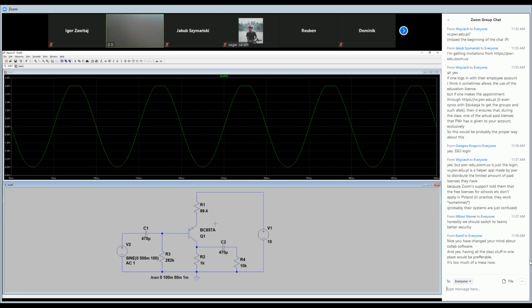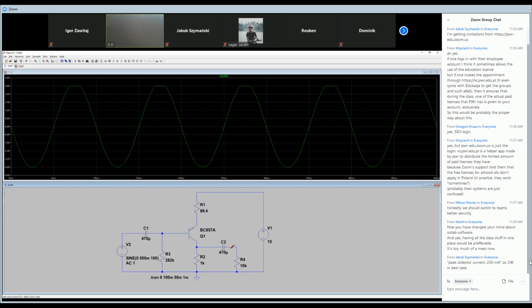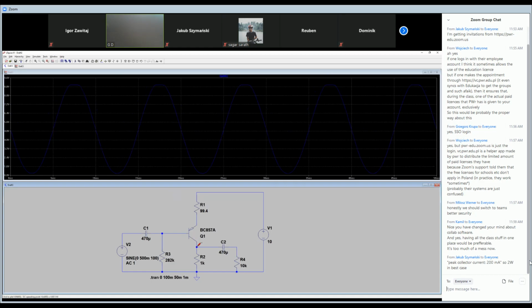Okay. So let's check it. What happened with the voltage drop on this resistor with DC voltages? Here we've got the end of the increasing of our amplitude. Why? Because the transistor is saturated.